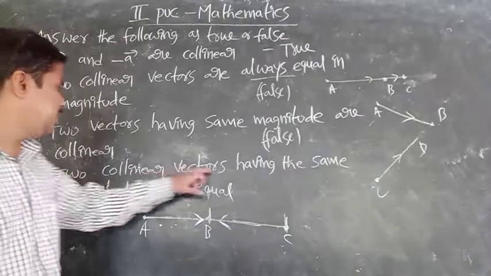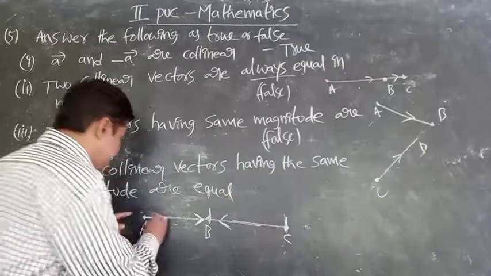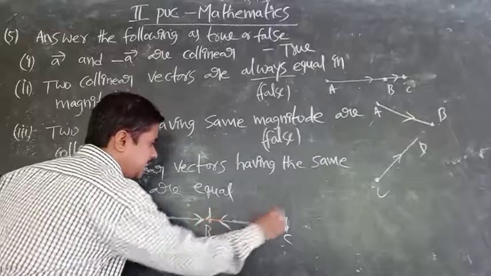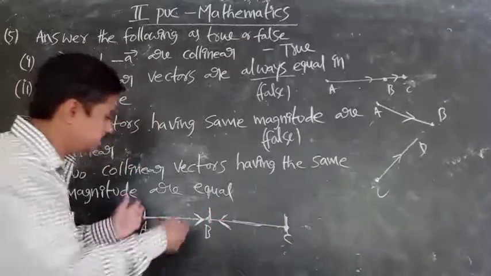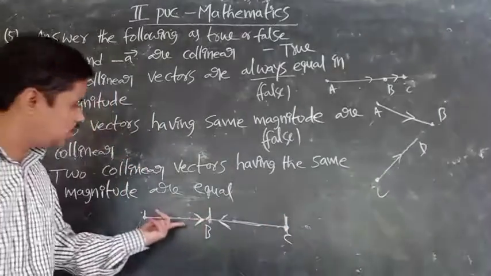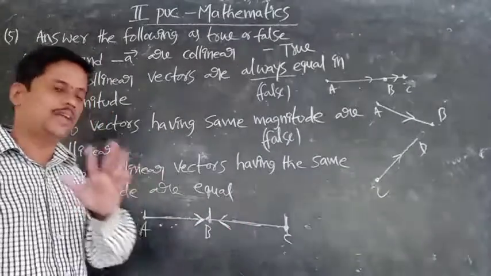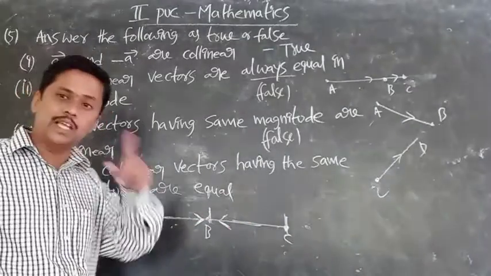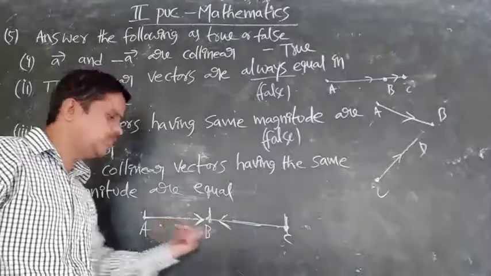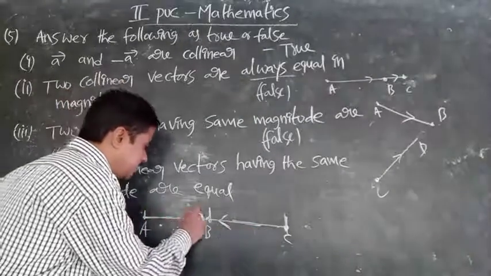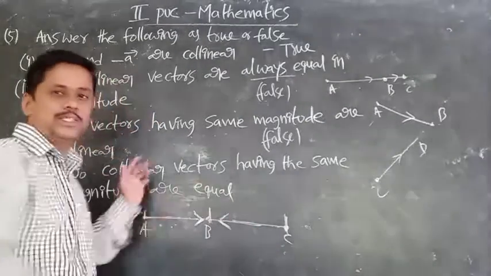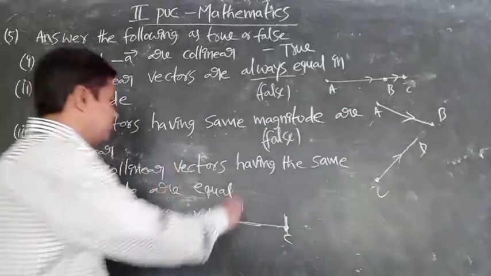Two collinear vectors having the same magnitude: the distance from here is this much, and from here it is approximately the same. But are these two equal vectors? No. Why? Because direction must be the same and magnitude must be the same. Magnitude is the same, but direction is opposite. So therefore this is also false.